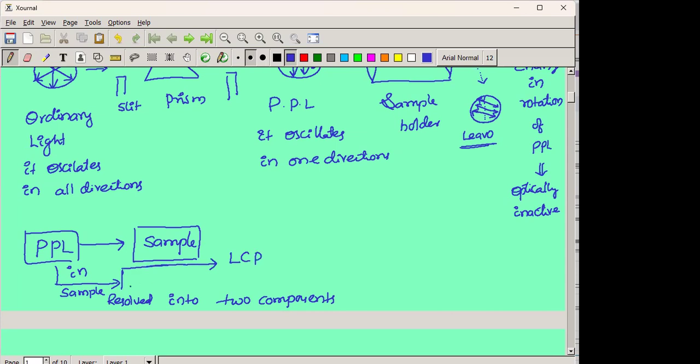LCP is left circularly polarized light. RCP is right circularly polarized light.